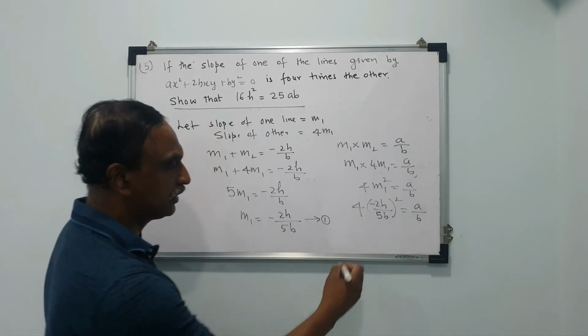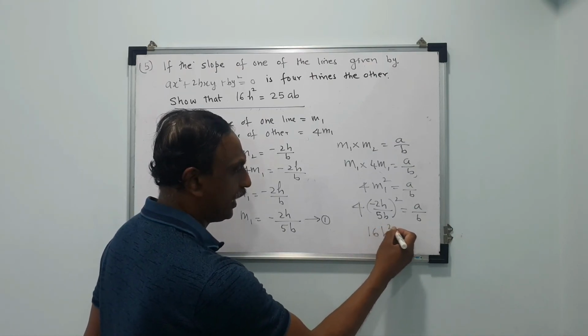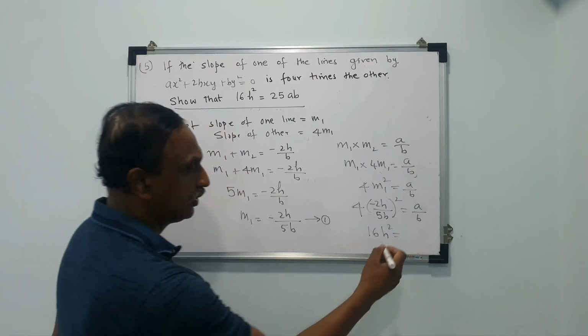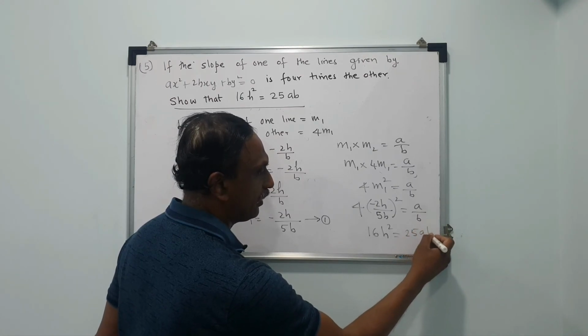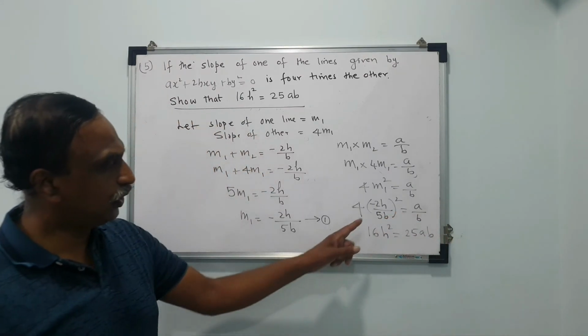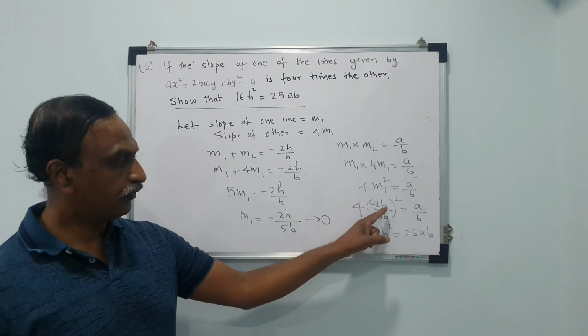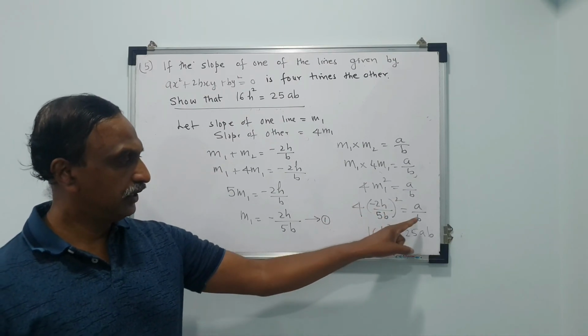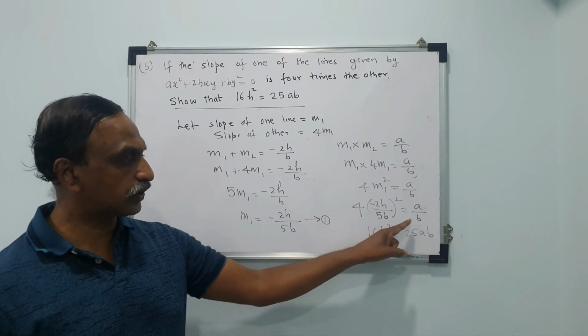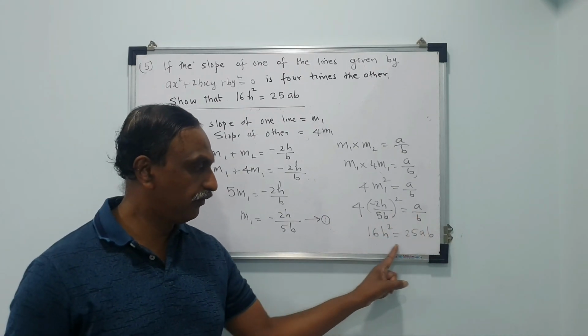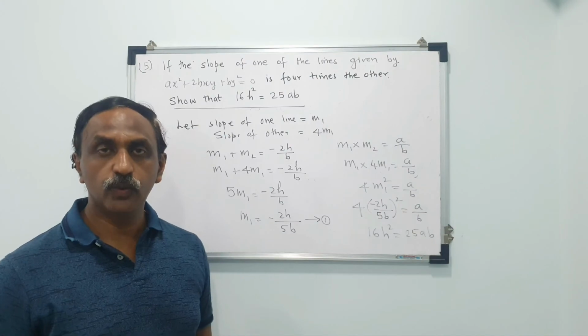If you expand this, 16h square is equal to 25ab becomes our answer. So 4 into 4 is 16h square, 5 square is 25. One b will get cancelled because this is b square, this is b. So cross multiplying, we get 16h square is equal to 25ab.